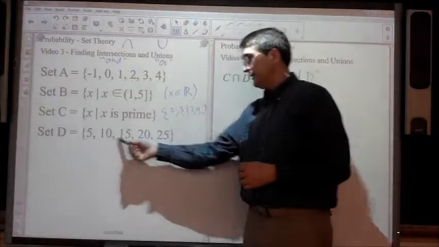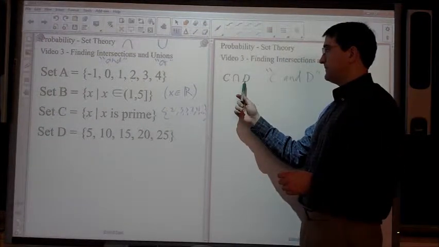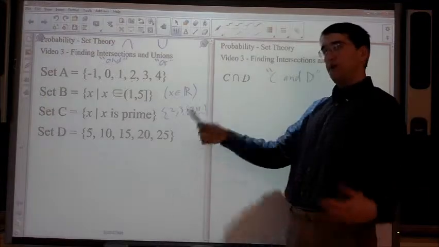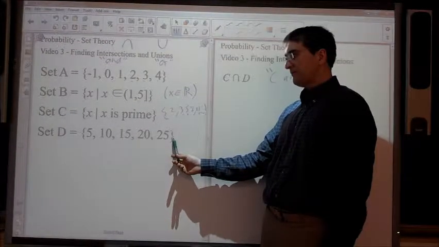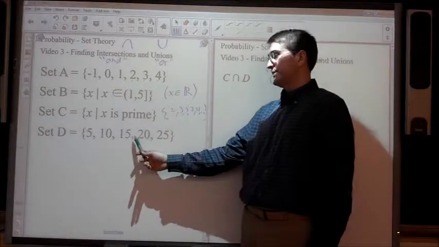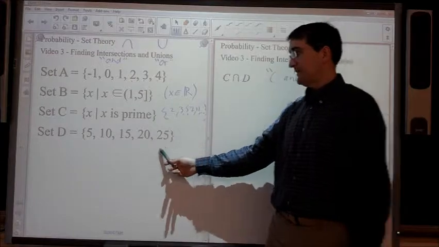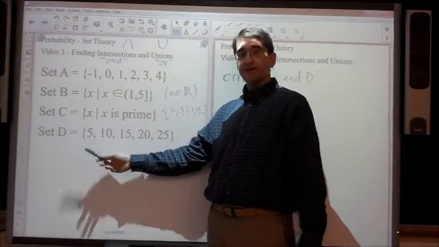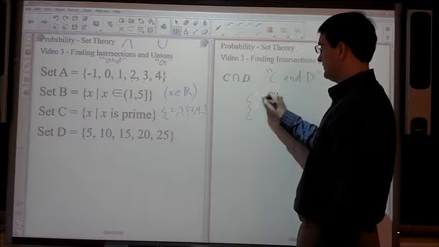So C and D would be the set of all prime numbers that are in set D. And hopefully you realize that all of these are multiples of 5, which means that the only number in this whole list that is prime is 5. So the intersection of sets C and D is simply the number 5.